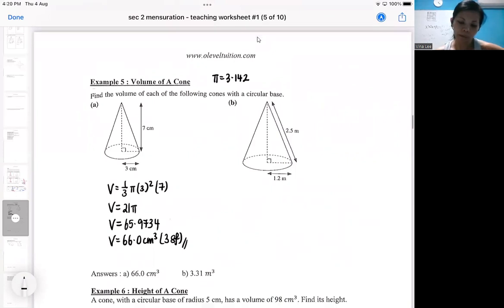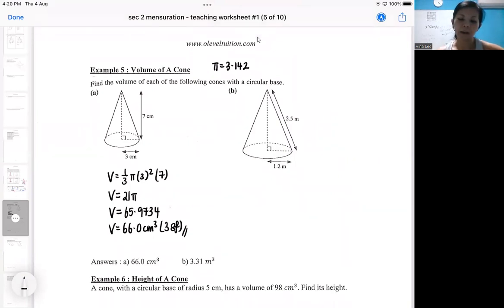In part B, I'm supposed to find the volume, but I do not have the perpendicular height. So my height is missing. That is where I've got to perform Pythagoras theorem first. By this stage, I assume your Pythagoras theorem is totally okay.